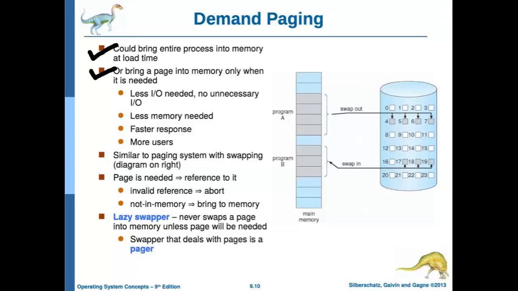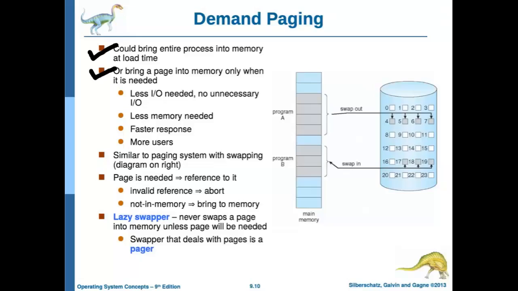How to implement it is, whenever you do some sort of reference to it, if it is an invalid reference, that means in the page table, I think we already studied this part also. Only thing is we studied that in terms of whether that page is part of the logical address space of that process or not.